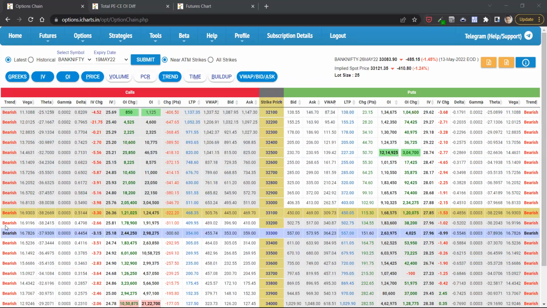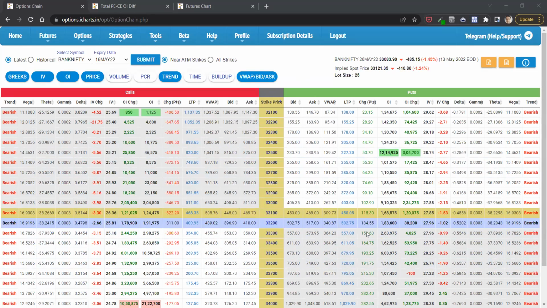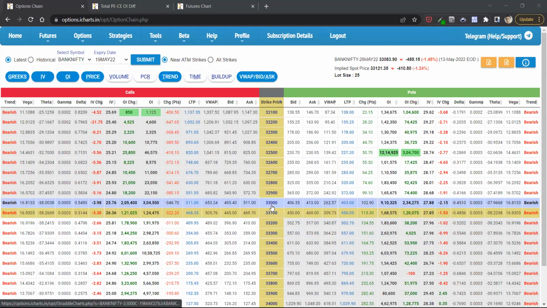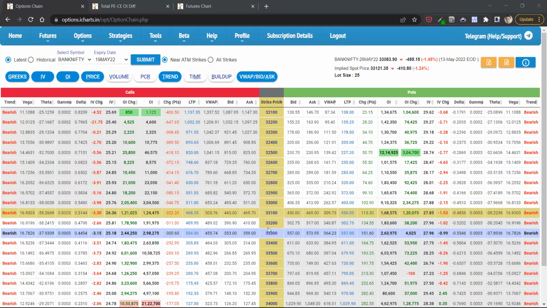One thing to look for is this yellow line in the middle, which is the ATM strike, and around it one strike up and one down. These three strikes, whatever trend is indicated on both sides, if both sides indicate the same, that is probably the trend bias going on in the market right now.